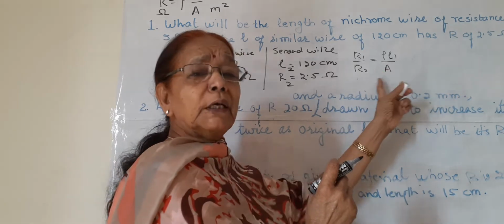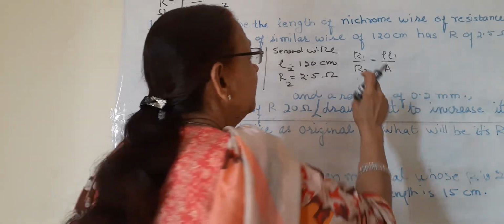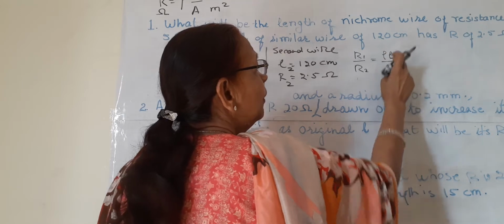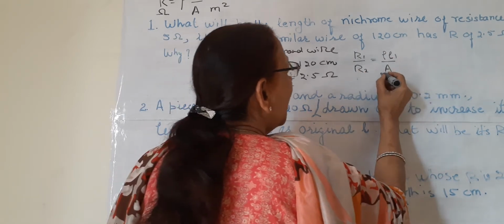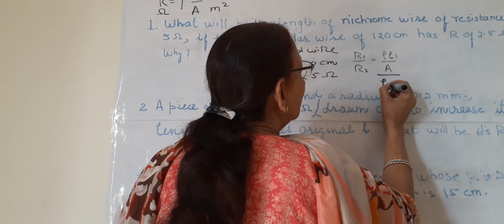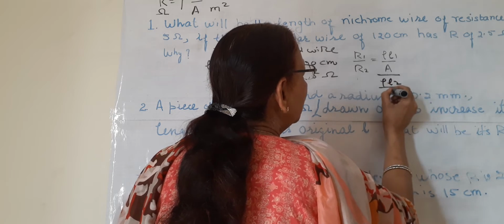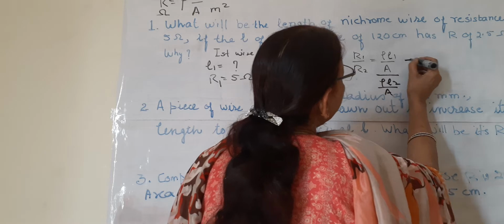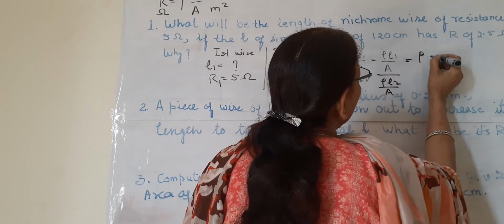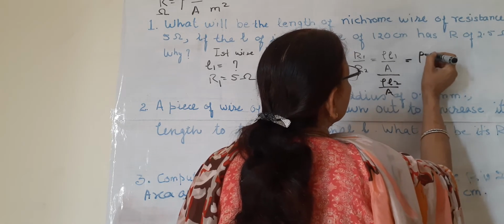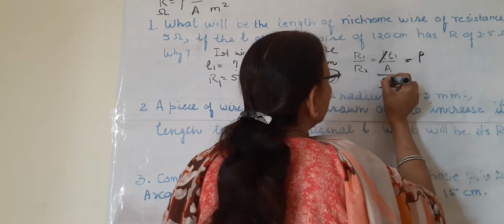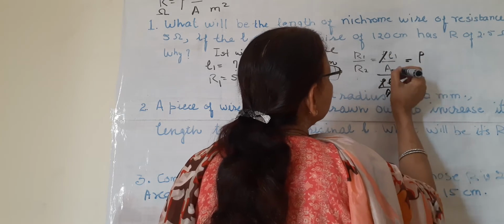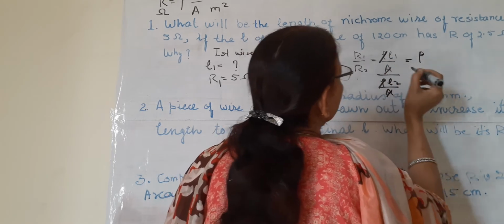So in both we will write A only. R1 is rho L1 upon A, R2 is again rho L2 upon A. Rho is the same in both, so we can cancel this rho, and we can cancel this A also.